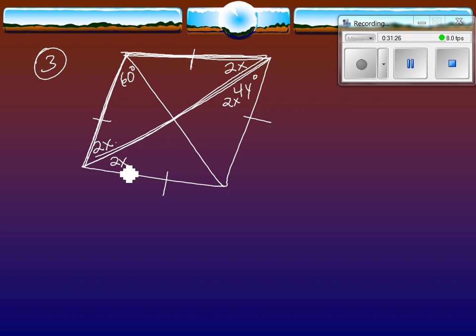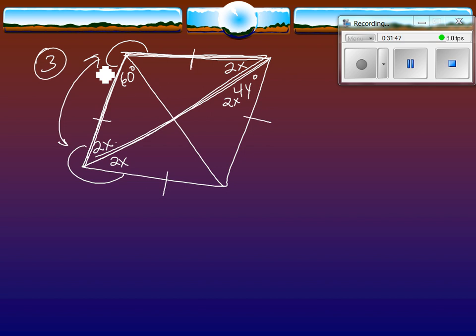What do you know about this whole angle and this whole angle? Those two angles. What do you know? Equal the same measure. Consecutive angles. What did it say in the properties that we covered last time? What do you know about consecutive angles? They add up to 180.